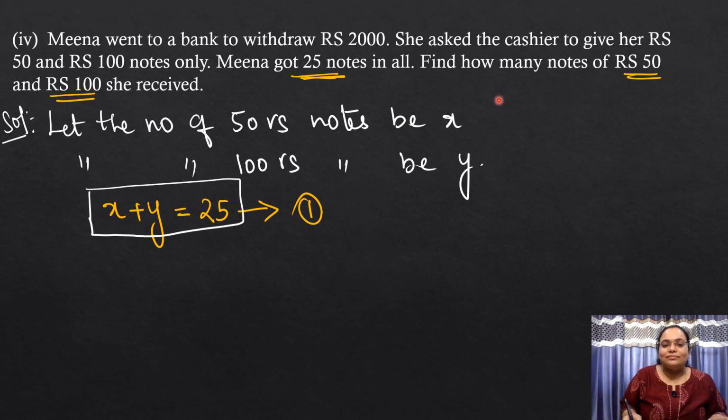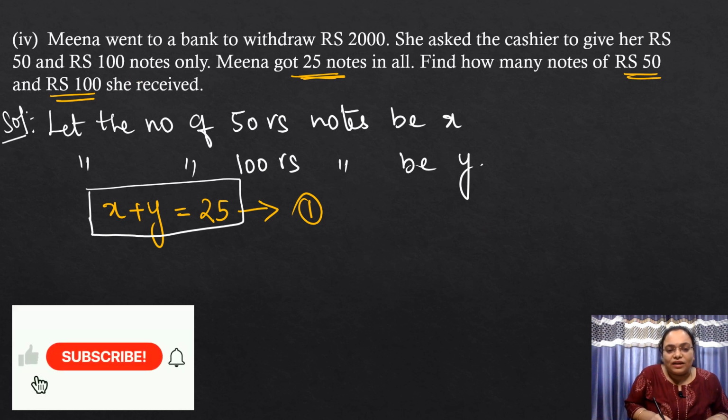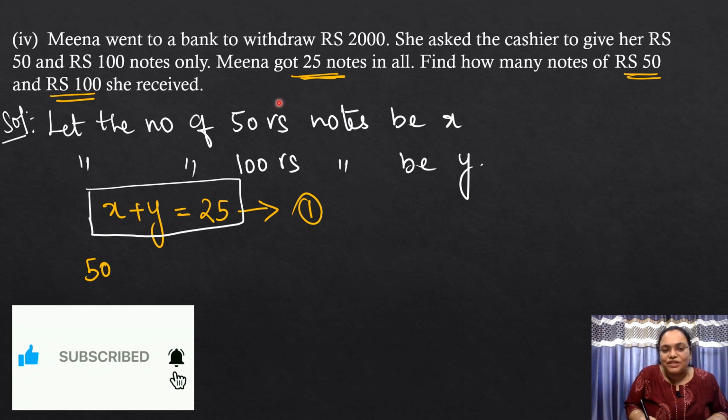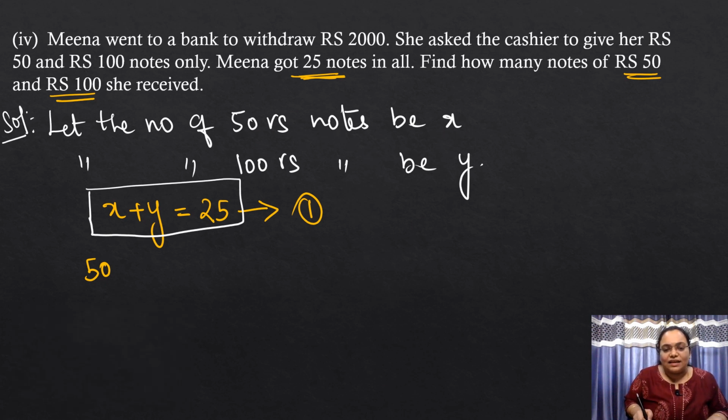See the question. She went to the bank to withdraw rupees 2000. The cashier gave her 50 rupees notes and 100 rupees notes. So 50 into x plus 100y is equal to what, the withdrawn amount?